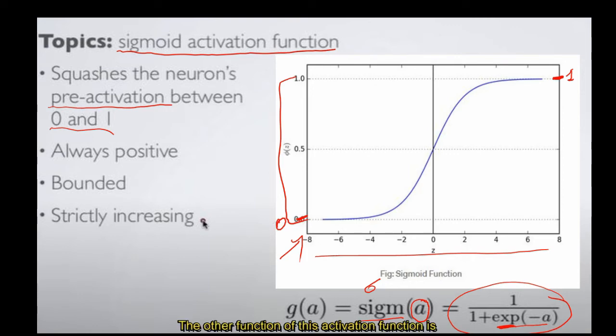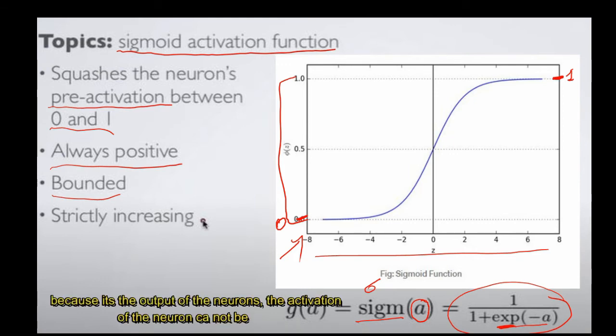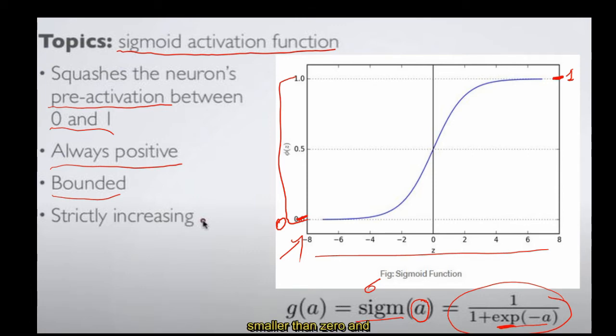The other property of this activation function is that it is always positive, strictly greater than 0. It's bounded. Why is it bounded? Because the activation of the neuron cannot be smaller than 0, nor greater than 1.